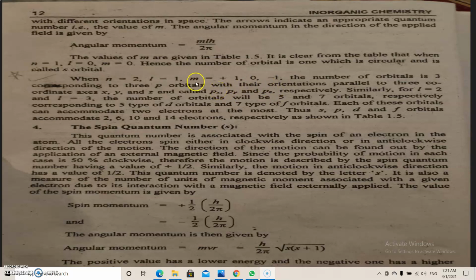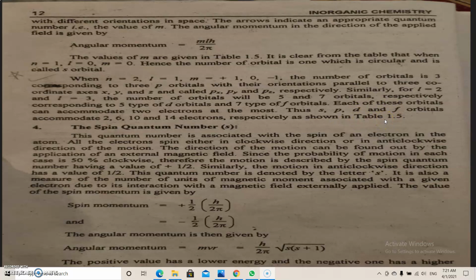In total, the p orbital can accommodate 6 electrons, but a suborbital like px can take only 2 electrons. Similarly for d orbitals and f orbitals. Now this can be shown in table 1.5.